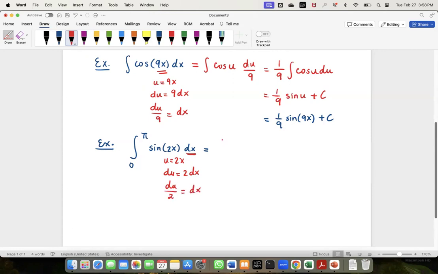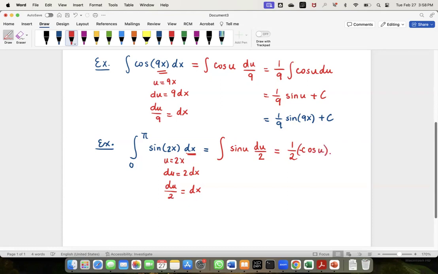So let's rewrite the integral. I'm not going to change the boundaries. You can, but I just prefer to plug them back in at the end when I have my antiderivative. So I got sine u du over 2. And similar to the previous example, you're going to get 1 over 2 times negative cosine of u.